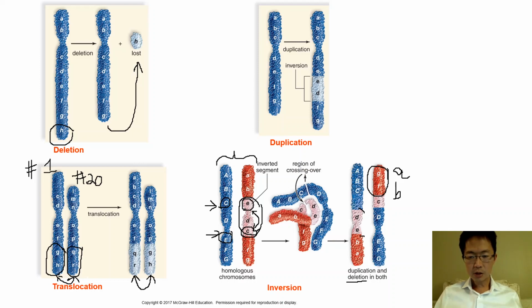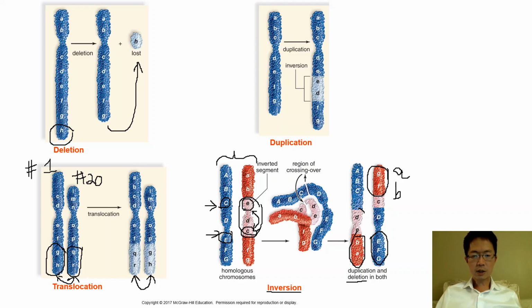So the AB gene is here, and it does not pair with the original EFG here, because it is inverted.